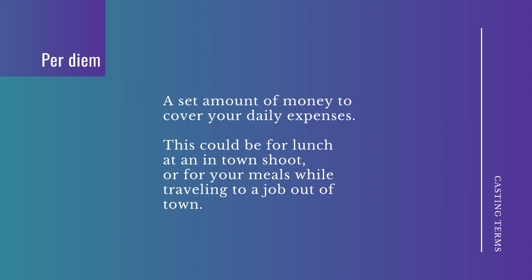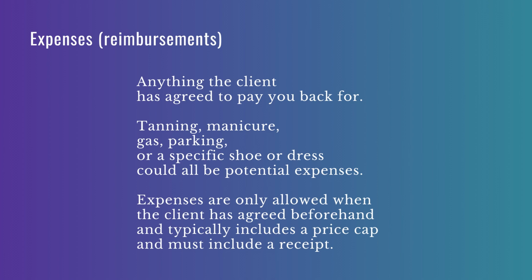You get $15 per diem. If you're going out of town, that number would be higher to include your lunch and your dinner or even your breakfast. Whatever meal that the client is not providing to you on set would usually be covered in that per diem. But everything is on a case-by-case basis.